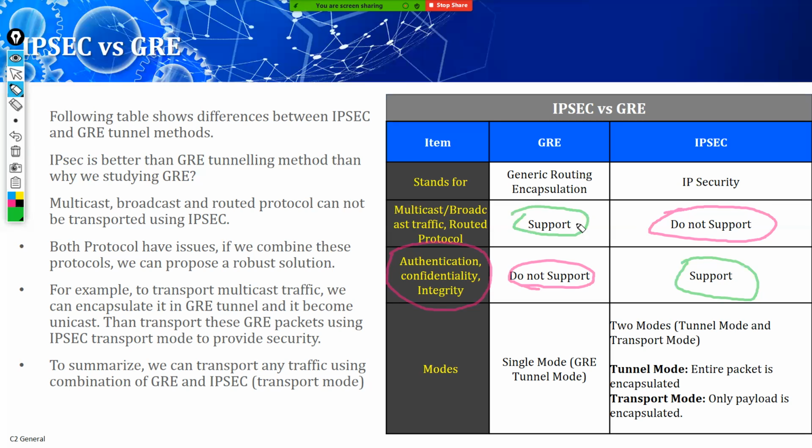Let's say we pump the traffic of the GRE tunnel through IPSEC. Then we can combine the advantages of both solutions. If we send GRE over an IPSEC tunnel, we will be able to send the multicast traffic and it would be secured as well. So it's a win-win situation.